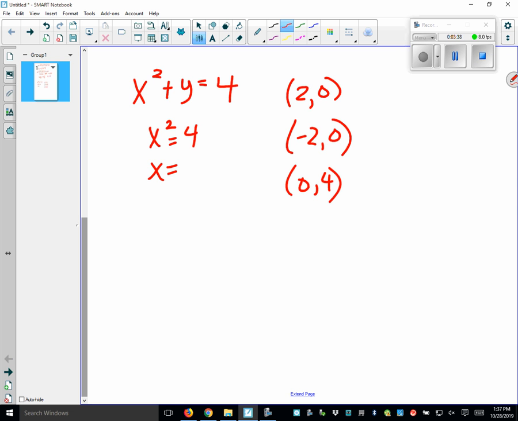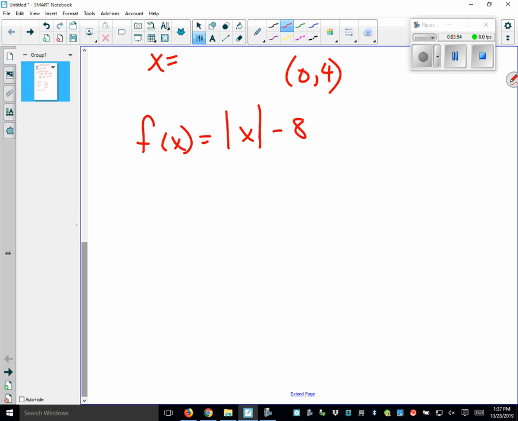You all know how to do that? Yep. You're sure? Yes. Good, because I'm going to give you another one. So this time, f of x equals the absolute value of x minus 8. How do I find the x-intercept? Is f of x y? Yes. So 0 equals the absolute value of x minus 8.